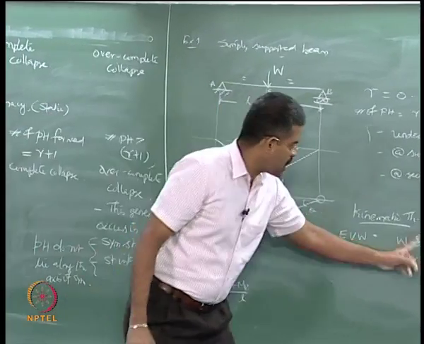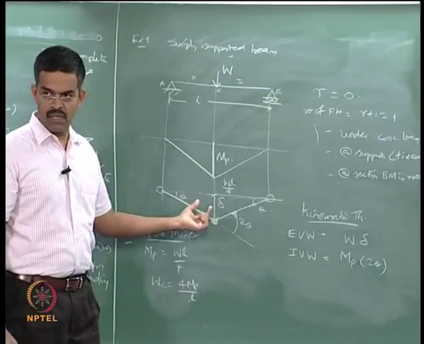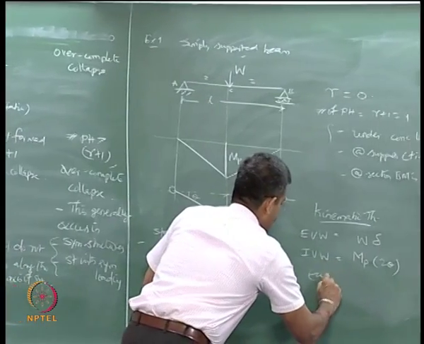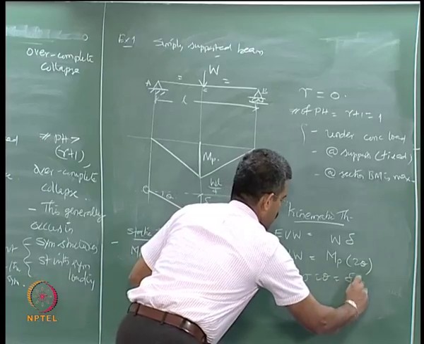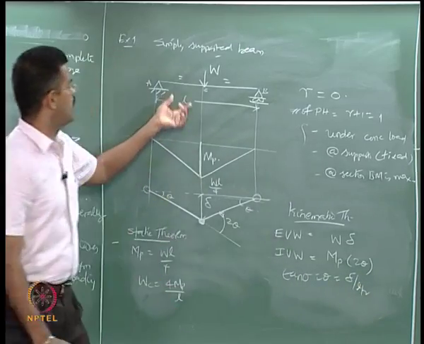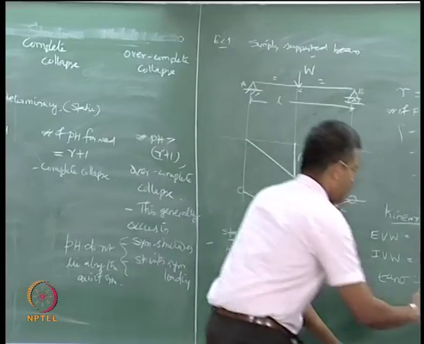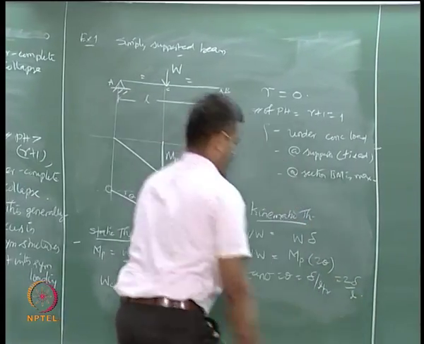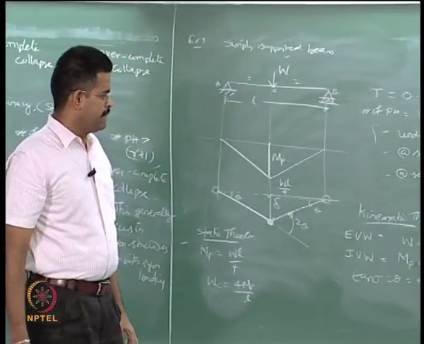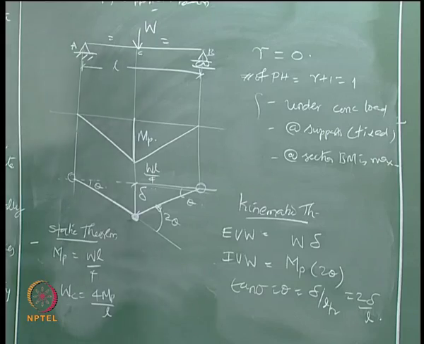Now theta and delta can be compared from the geometry. I can simply say tan theta, or theta, is delta by L by 2, if this is L and this is L by 2. So, it is simply 2 delta by L. Is that clear? So let me compare this.